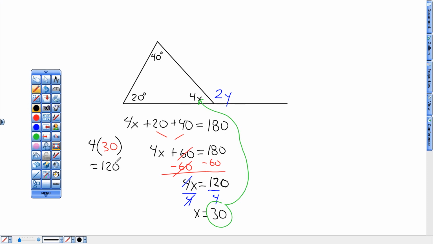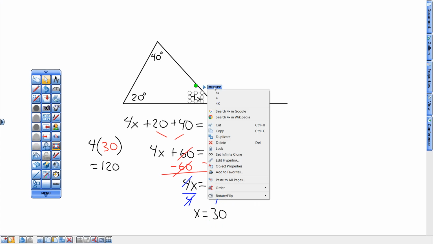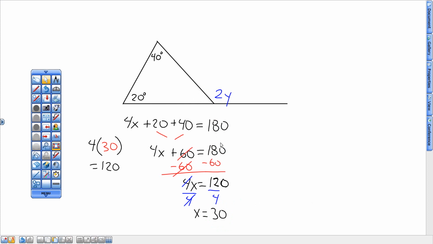So that angle in there, after all that work, it's not 30, it's not 4x, it's 4 times 30, which gives me, of course, 120 degrees. And that makes sense because 120 plus 20 plus 40 equals 180.